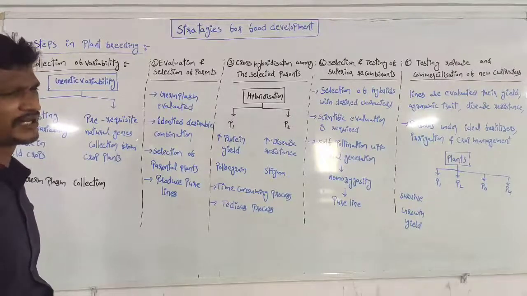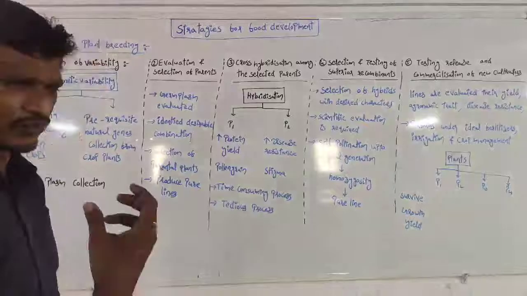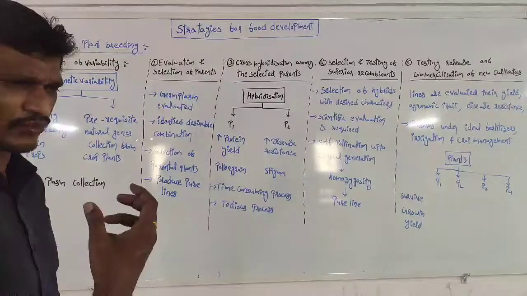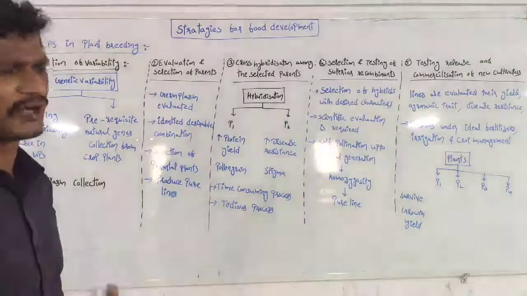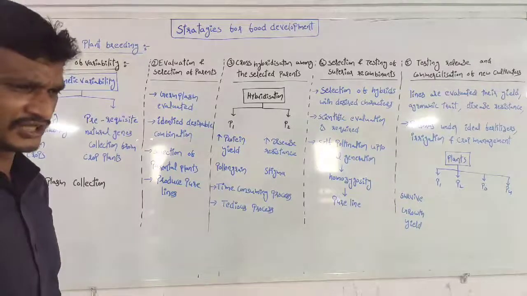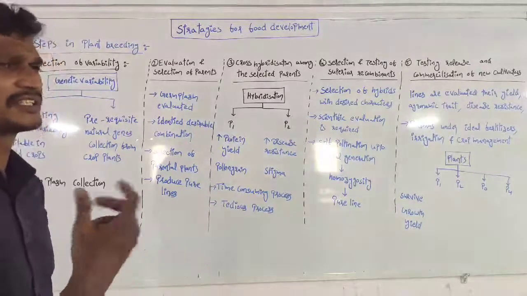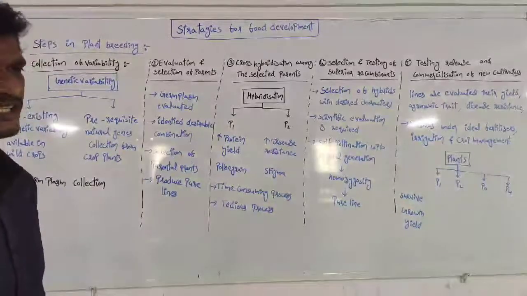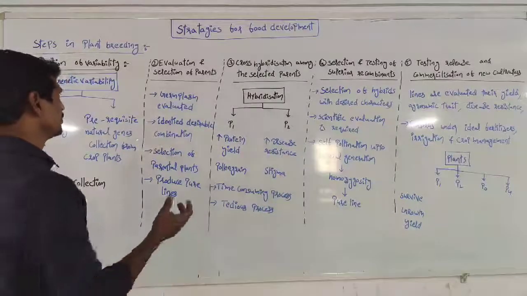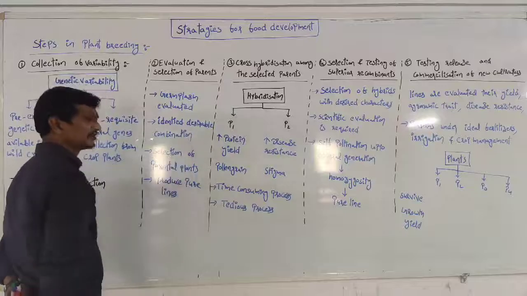So different types of parent plants are there. Within those parent plants, whatever characters are required by the farmer, or whatever characters the scientist is expecting in the next generation, plants containing those characters are selected. So here the germplasm is evaluated and desirable combinations are identified.